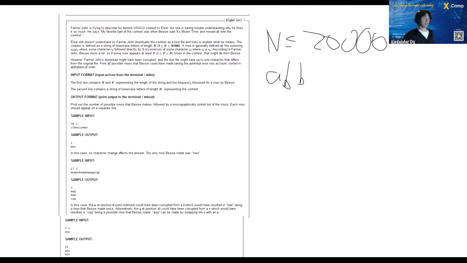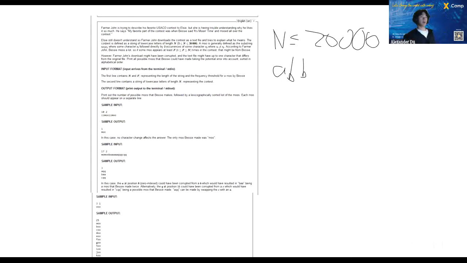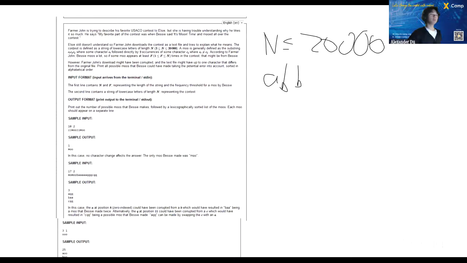Basically we have to look for the number of potential ABBs, where we're allowed to do one change on the original array and we want to have at least 5 ABBs.